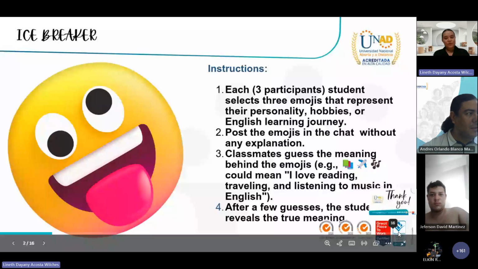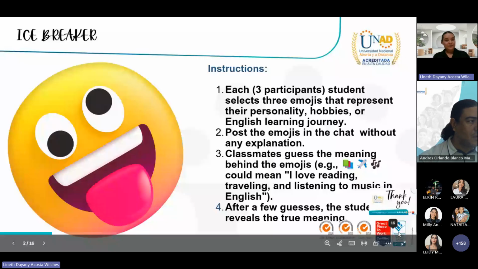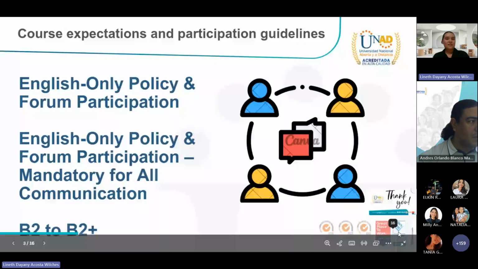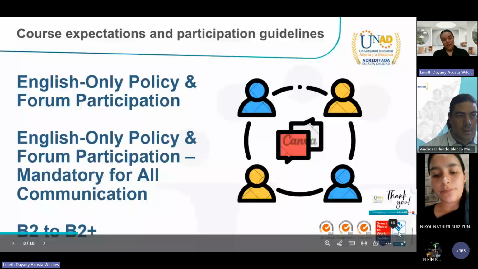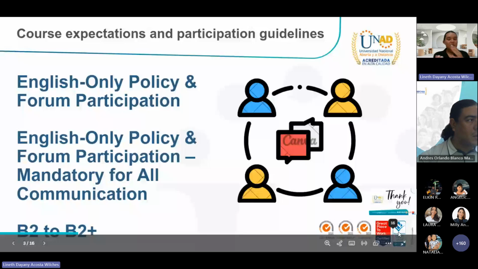And it is to introduce this part, which is the course expectations and participation guidelines, right? So what it means, basically, is that this is a high level of English in which you are. So you need to, of course, participate, as you can see in the forums and in the activities that you have to do.